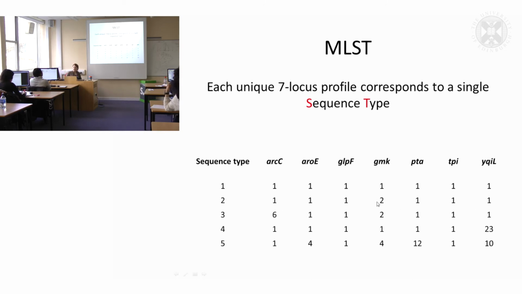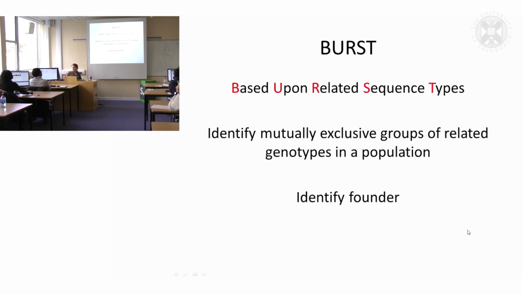Because it only has one variant difference, we call this a single locus variant of 1. And then this would be a double locus variant because it has 2 differences from this, but 3 would be a single locus variant of number 2. So if you were to make a tree of this, these would be more closely related to each other than perhaps this one, which is a quadruple locus variant, quintuple locus variant of 1.